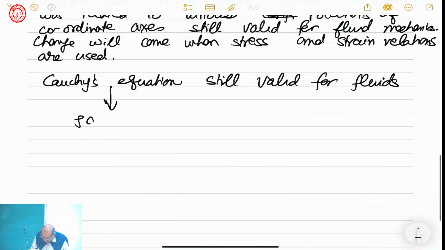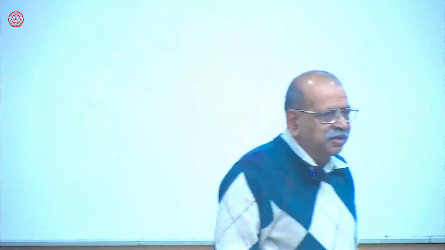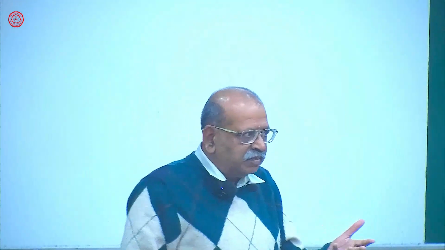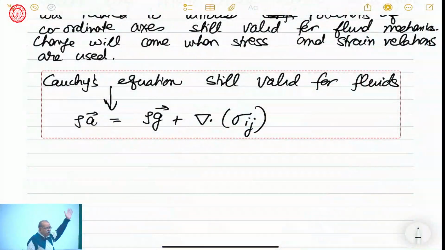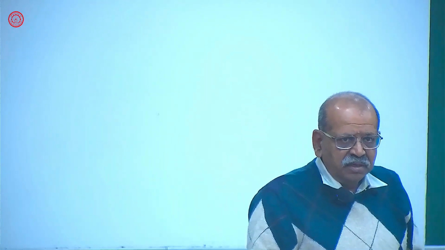It was rho a is equal to rho g plus divergence of sigma ij. Okay? This is basic Newton's law. So this equation, because we do not talk of how stress is related to strain, we are just talking of the stress tensor, is still valid for fluids.